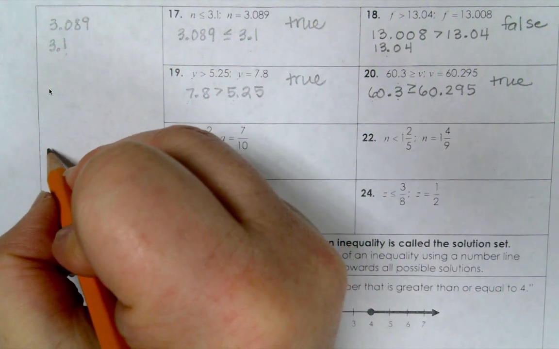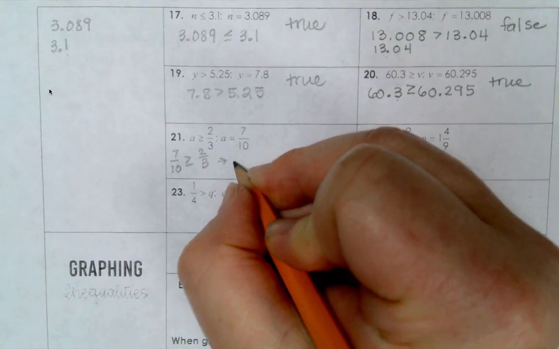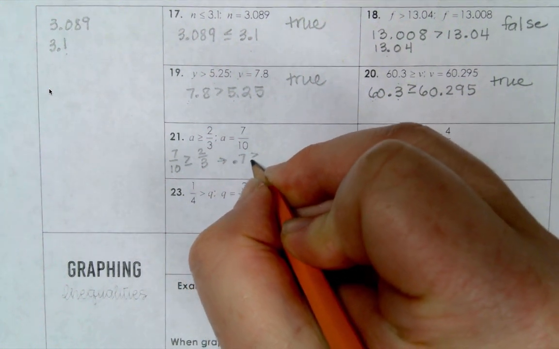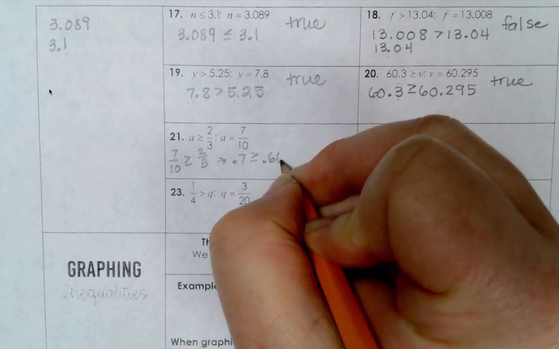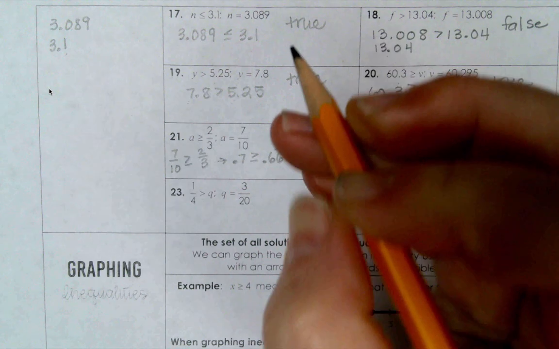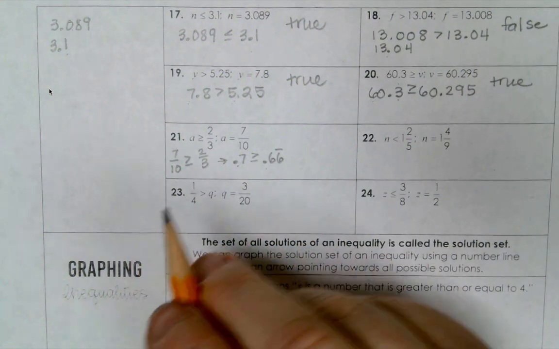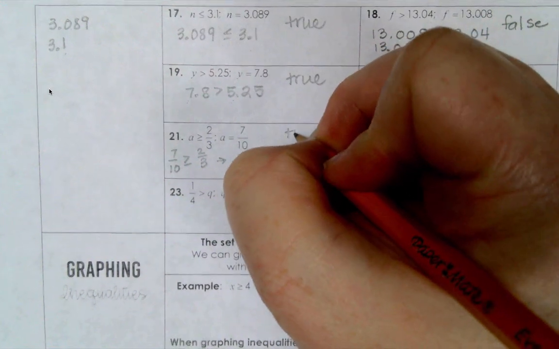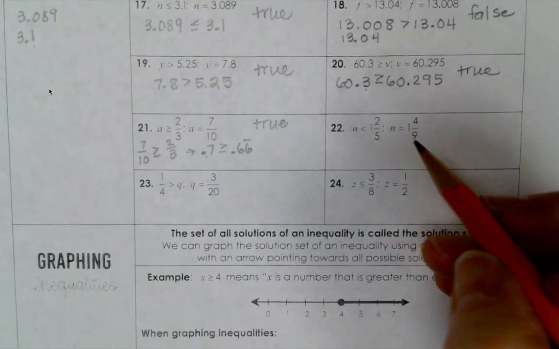Well, I know 7/10 is 0.7 and 2/3 is 0.66 repeating. So I know 7/10 is greater than 0.66 repeating. So this is a true statement. Yes, it's work, but it is what it is.